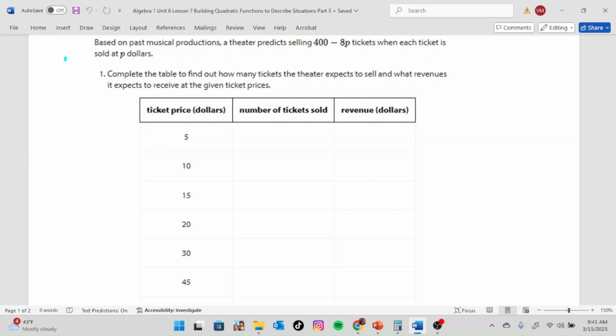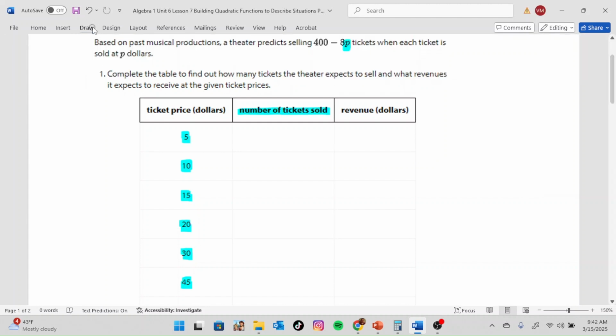So if we want to fill out this middle column and find the number of tickets sold, we're going to take the ticket price from the first column, all of these numbers here, and we're going to substitute them in for p in this initial equation that they gave us.